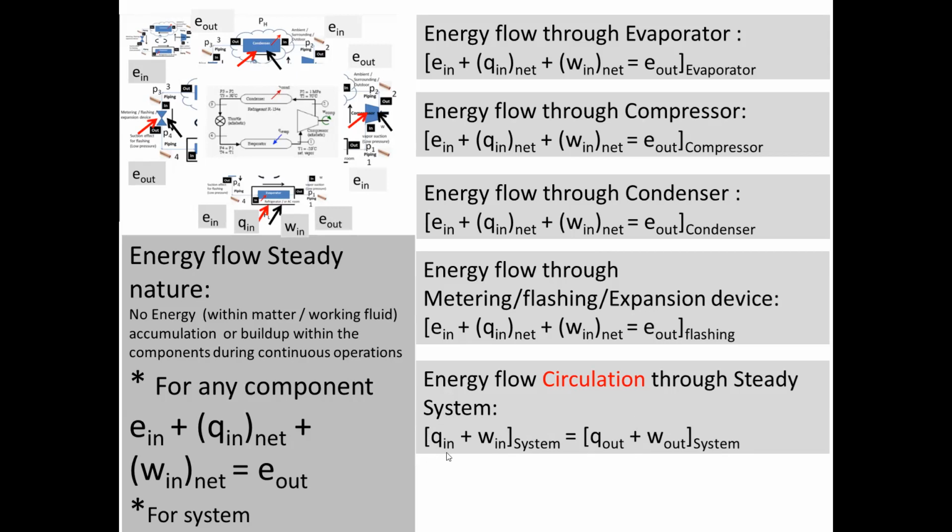The sum of heat and work of energy received should be the same as the sum of heat and work of energy out from the system. Okay. The system is, let's say, the integration of components connected in a proper manner to perform a certain function. So here it is pumping heat from low temperature to high temperature. We'll see that afterward. So energy flow circulation through a steady system.